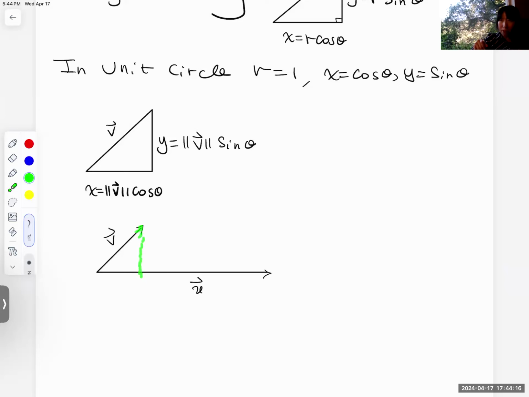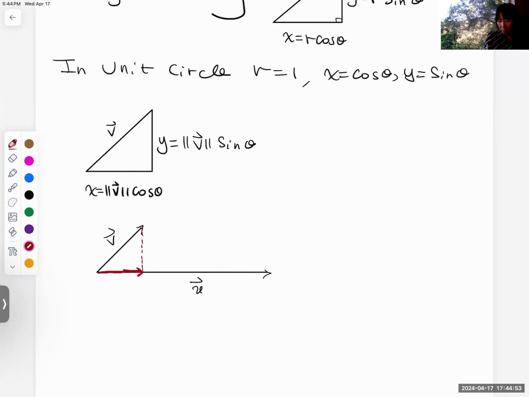Do you understand what projection is? If we have a vector V here, then project here. What does project mean? We make a perpendicular and make that projection. Yes? Okay, so we make a projection here.